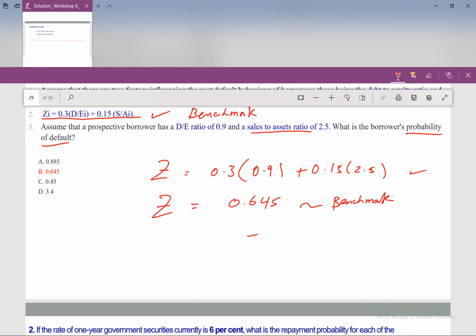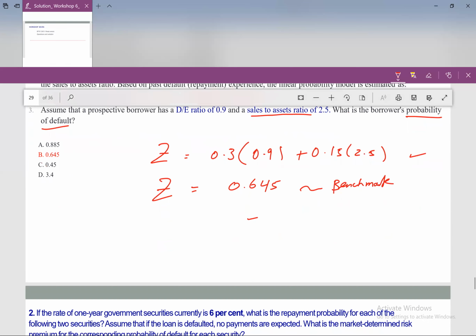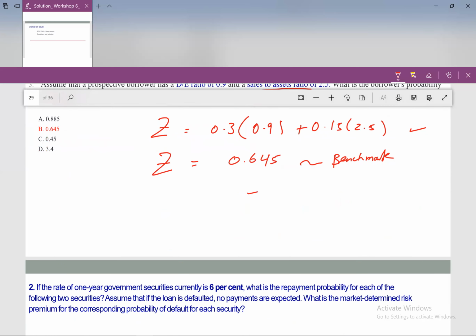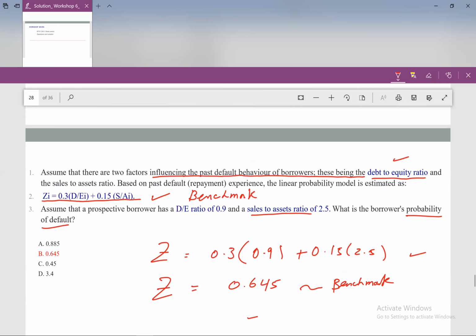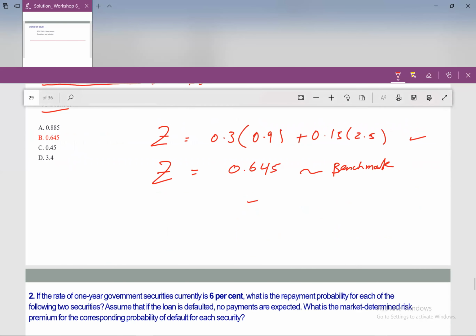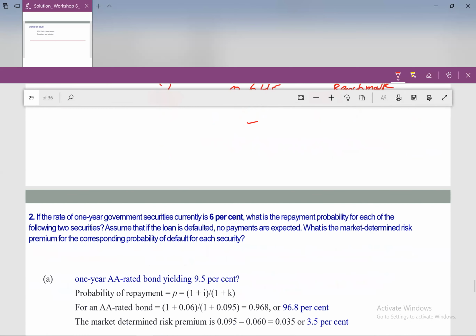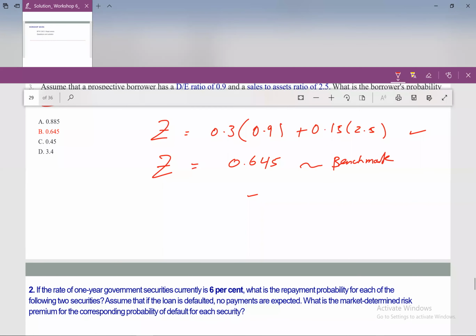This is just to open our minds to some other things, to mini modeling. But the models we have, as I told you, are Altman and the linear probability model, with the 3 factors and the 5 factors.